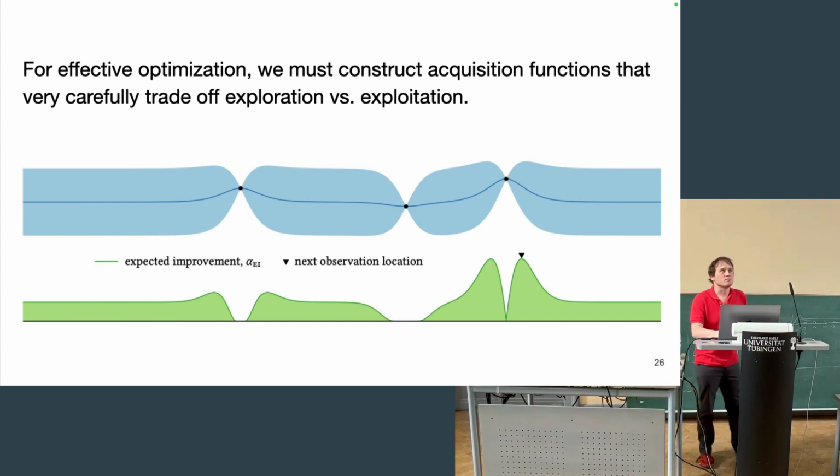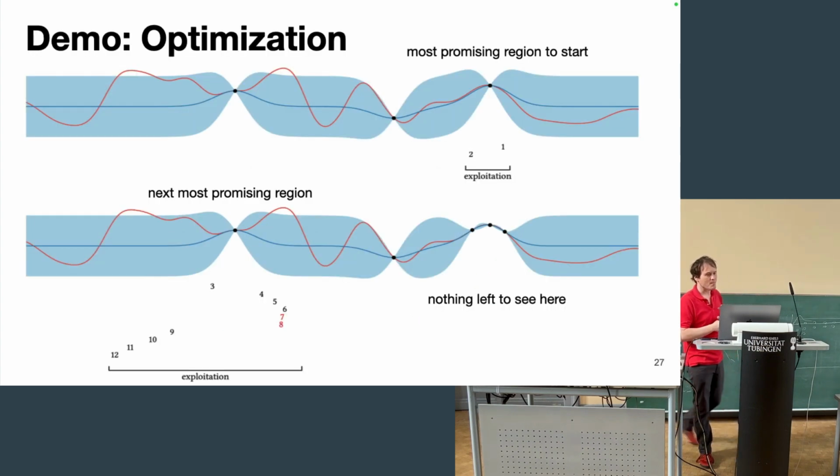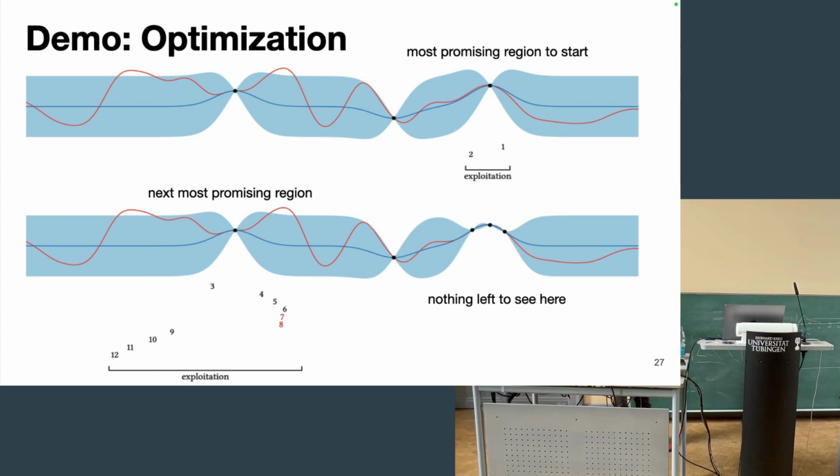But I can still design a sequence of experiments by computing this new acquisition function, maximizing it, and then updating the model, et cetera. And if I do so, then I'm going to have a totally different quality to the experiments that I'm going to design. And again, we get this really nice emergent behavior.